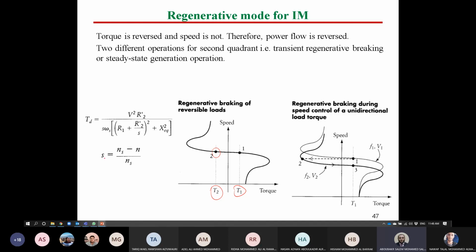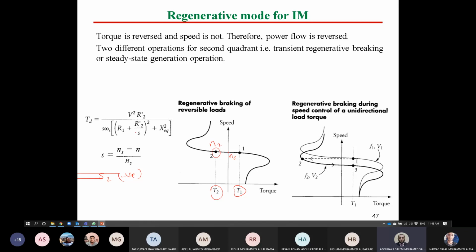However, the slip, which is (ns minus n) over ns, will be positive or negative here? At point number 2, N2 is greater than NS, right? So if we represent S2, this means that S2 will be negative because NS is less than the value of N. So in regenerative braking, you will find S negative.